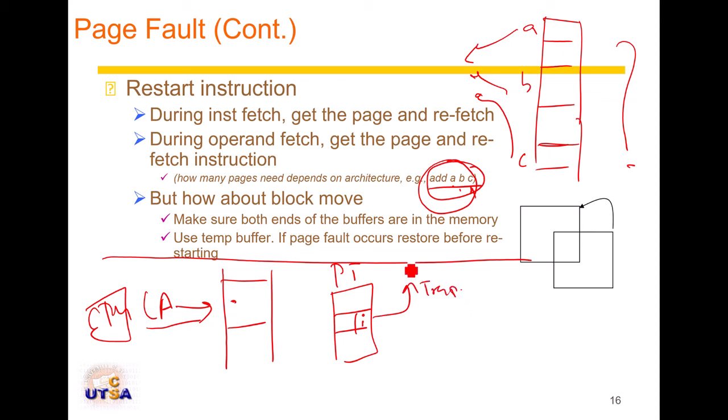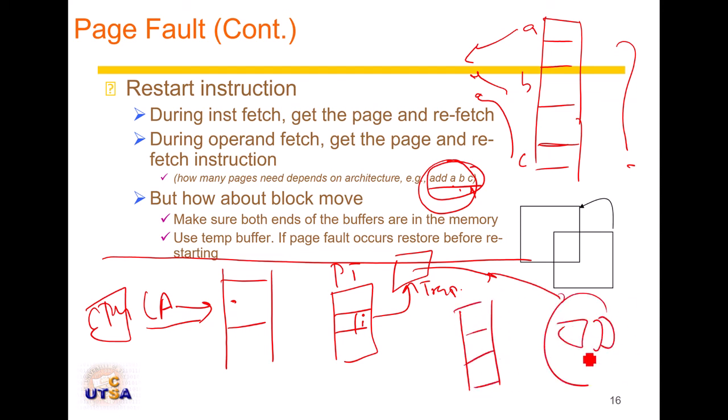And now the operating system gets into the business, and let's say this is our actual frames here, it goes into the disk and gets that corresponding page from disk into the physical memory and finds out what the frame number is here.